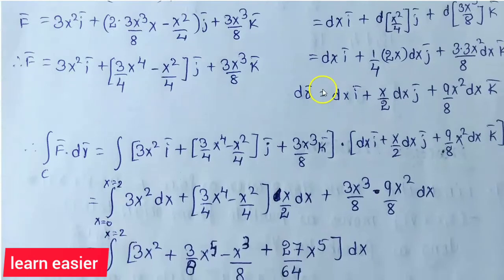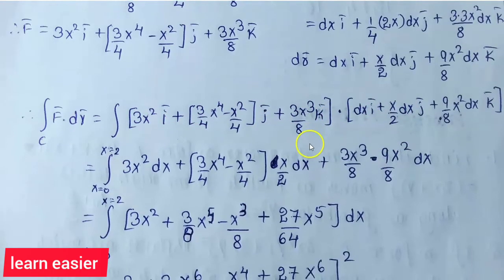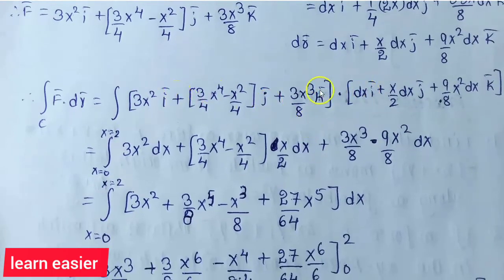So let's integrate these two vectors. Integral F bar dot dr bar. After the dot product we get 3x square into dx plus 3 by 4 into x power 4 minus x square by 4 into x by 2 dx plus 3x cube by 8 into 9 by 8 x square dx.